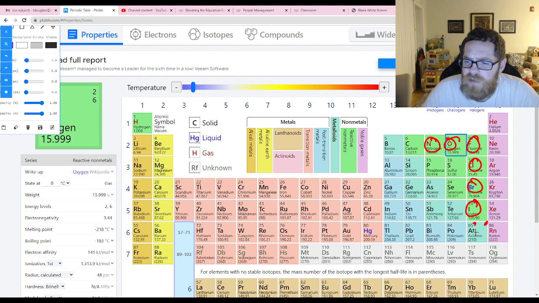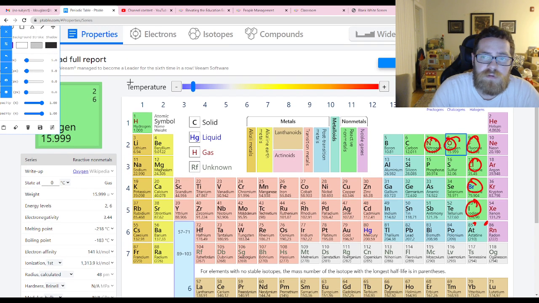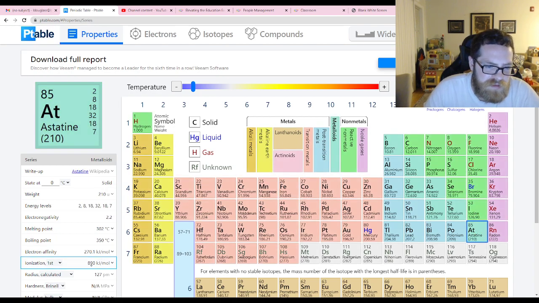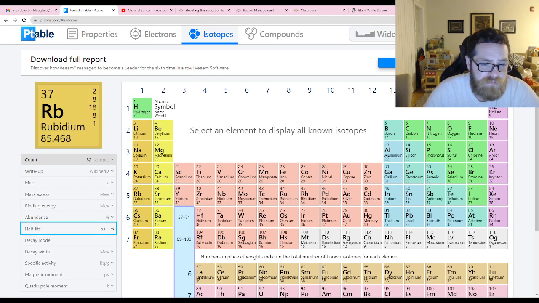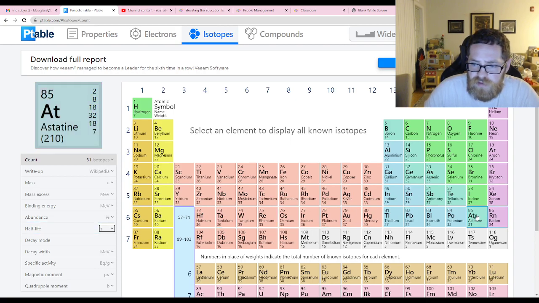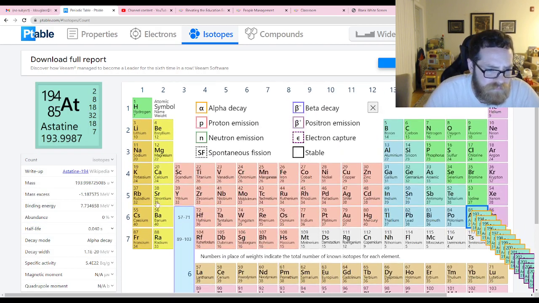But again, astatine, if I click on that to show you, if I turn off drawing on the page for a second, astatine has a half-life in, oh, that's rubidium. Click astatine, 0.04 seconds. So we're talking minutes, right?